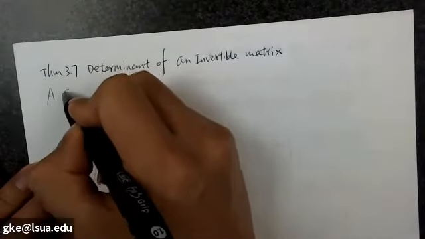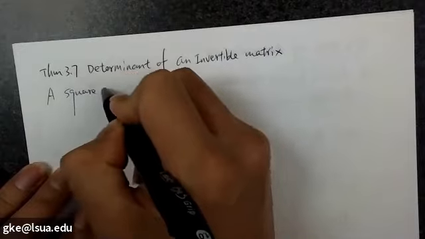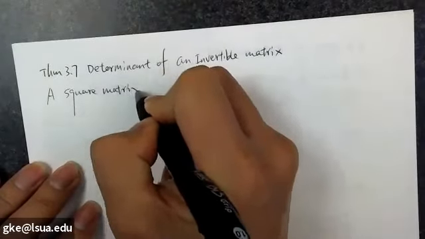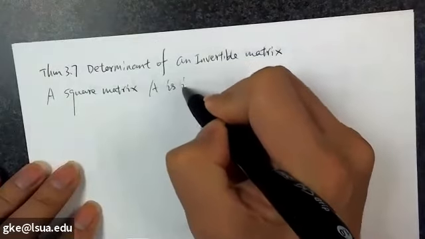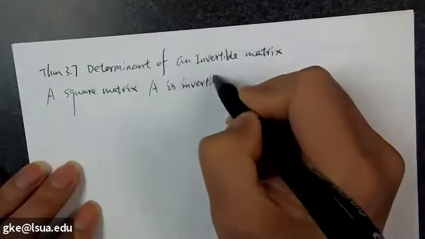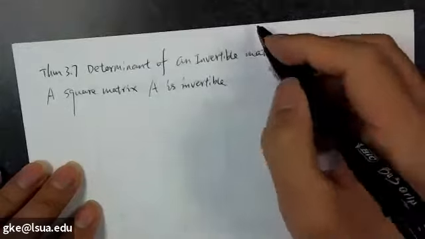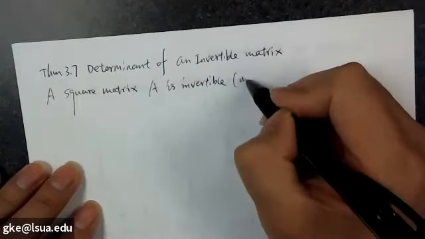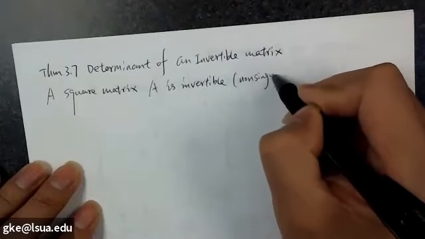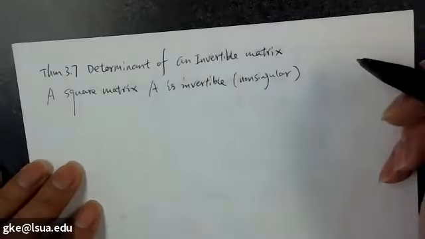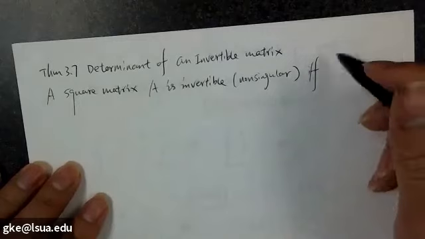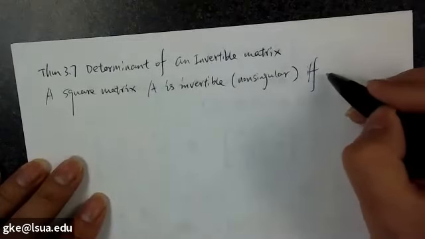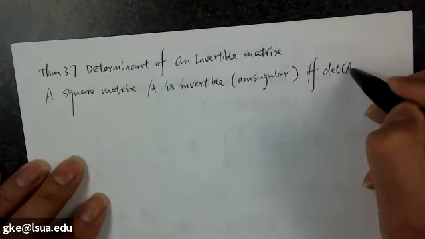A square matrix A is invertible, non-singular, if and only if the determinant of A is nonzero.